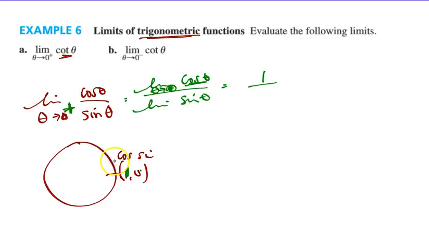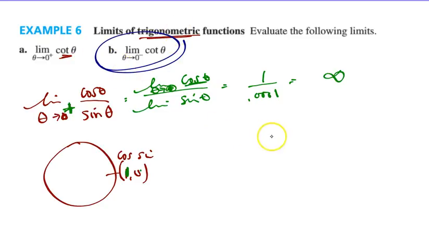And so that's a really small number. And 1 divided by a small is a big. We could do the same thing from the left side, but this time I'd have 1 over negative 0.0001 because I'd be approaching from this direction, and that would be negative infinity.